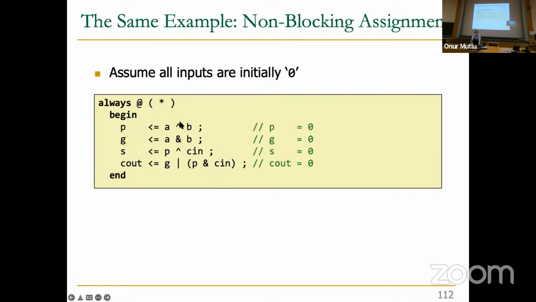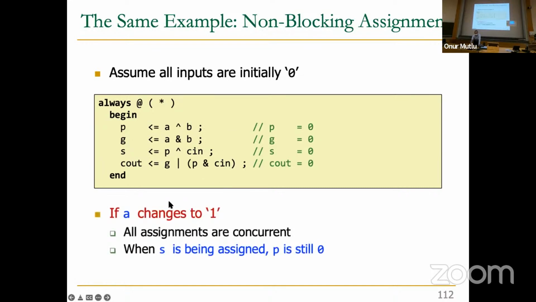In the same example, if you do a non-blocking assignment and A changes to 1, all assignments happen concurrently, meaning when S is being assigned, P is still 0. So the new value of P doesn't affect the new value of S. Everything gets assigned at the end of, let's say, the clock cycle, if this was clocked.